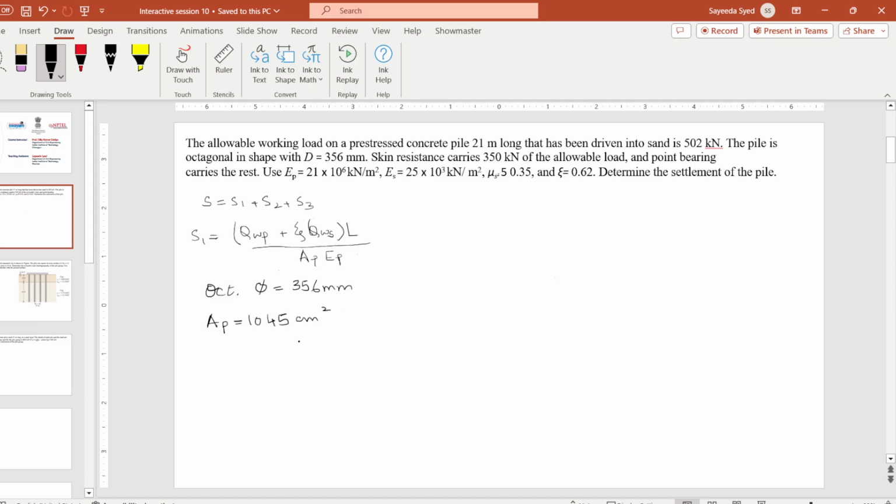It will have a perimeter of 1.168 meter. EP is given to us. ES is also given to us. So let us calculate then.